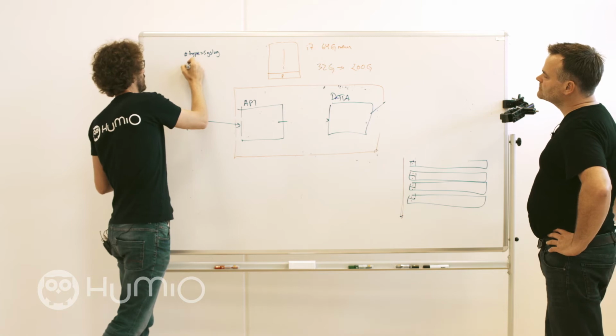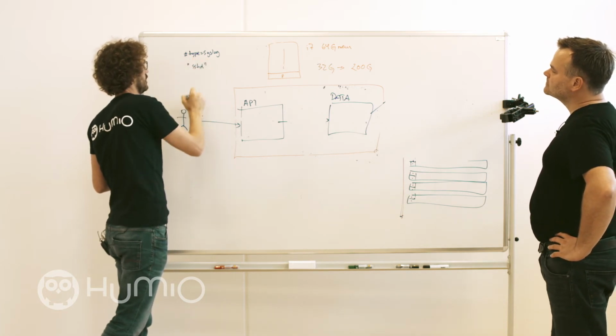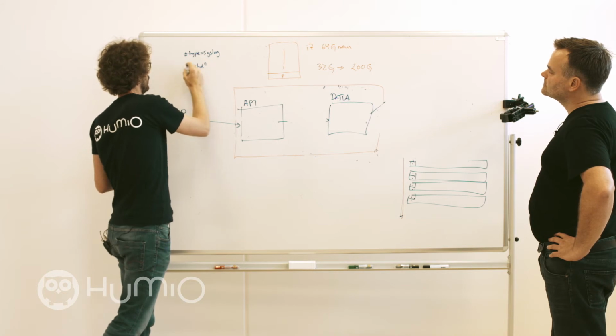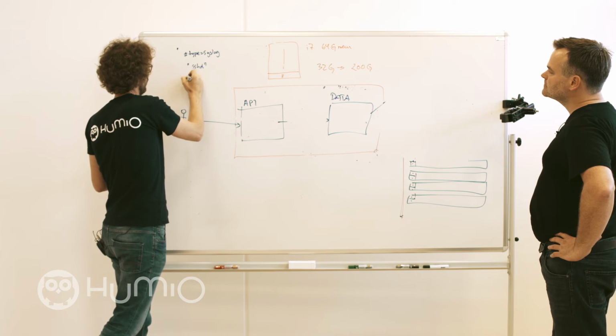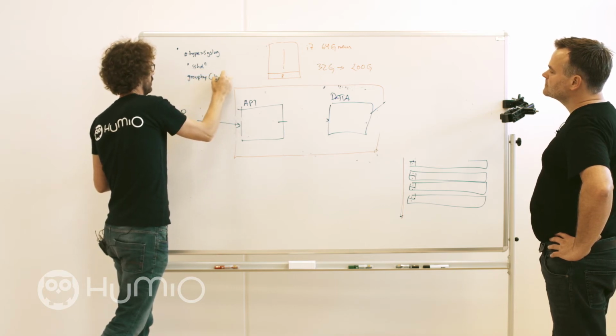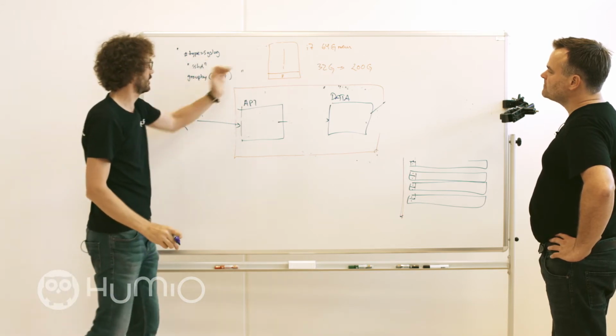And I want to find everything that has SSHD in it. So a query is a sequence like this. And I want to group by the host that sends this, right? So that's a typical query.